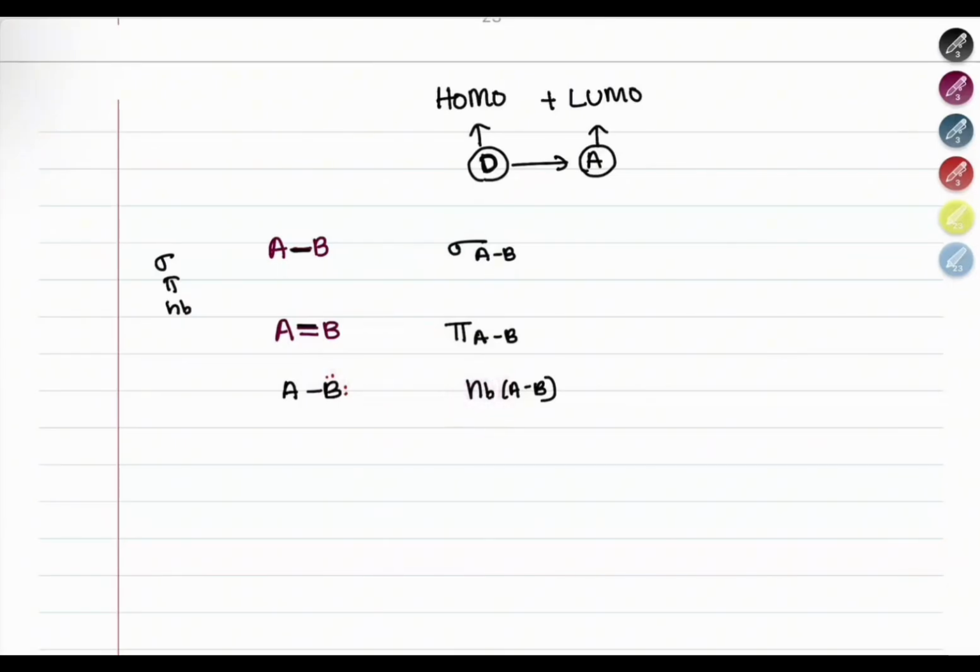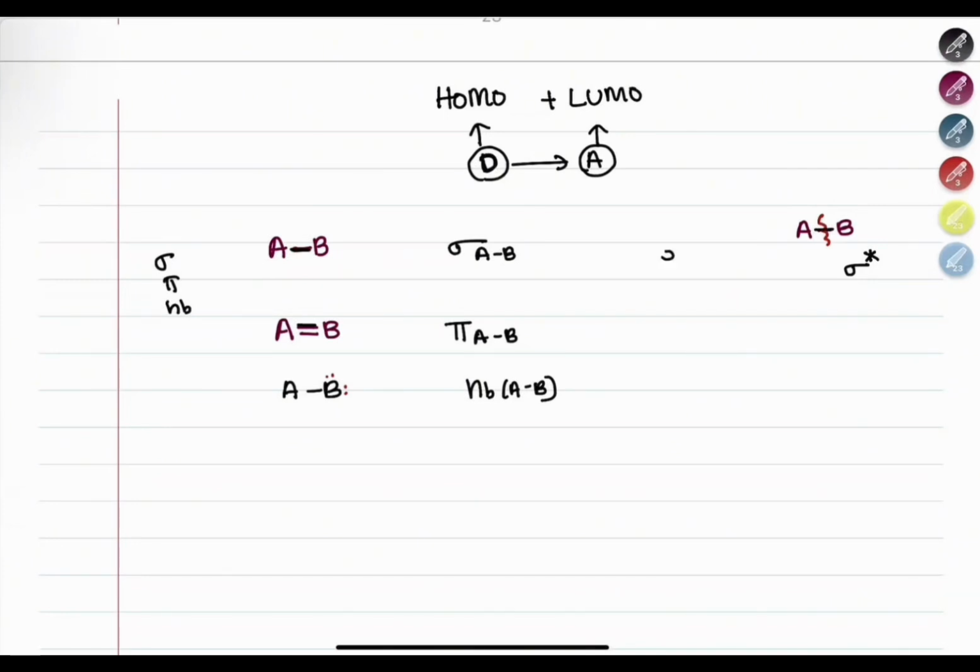So now you'll see the different cases of LUMO. Now we'll find the LUMO by looking at which bond is getting broken in the product. Suppose after the reaction the A-B single bond is getting broken. In that case, the electrons are accepted into a sigma star orbital, because that's why the sigma bond between A and B is broken.